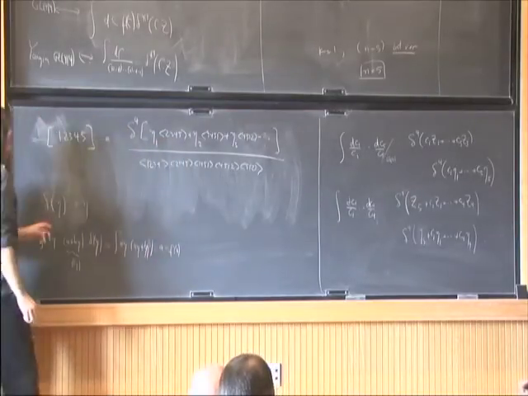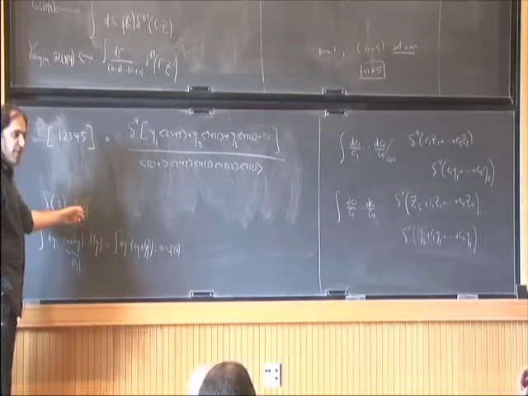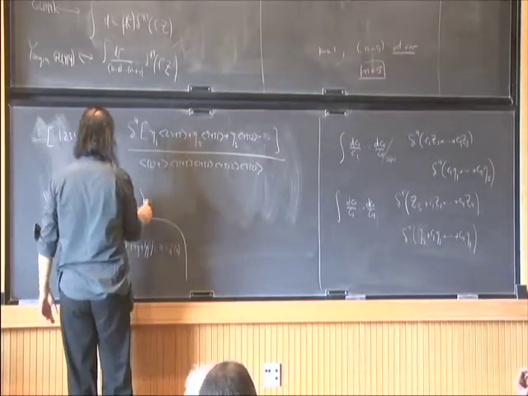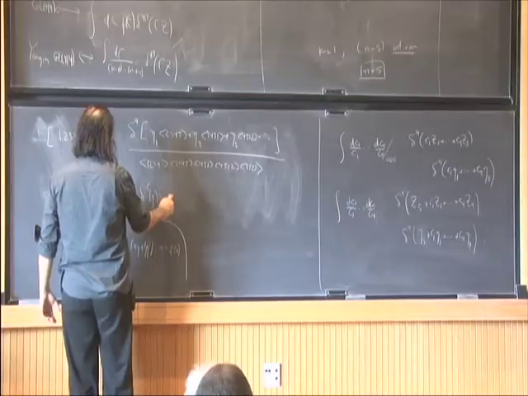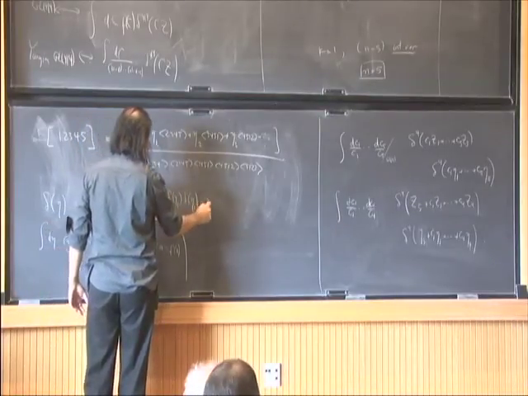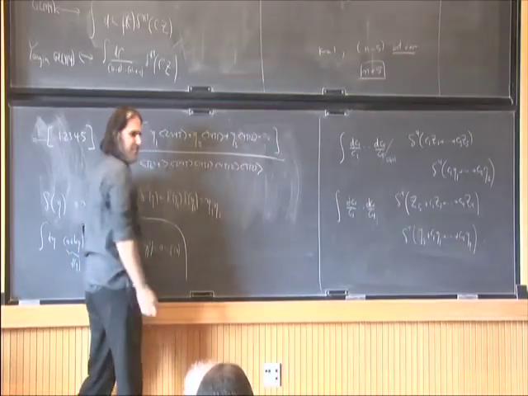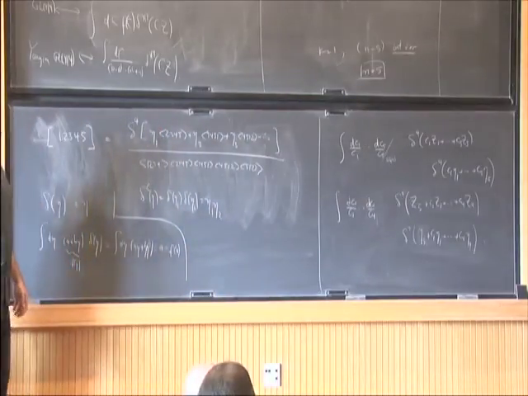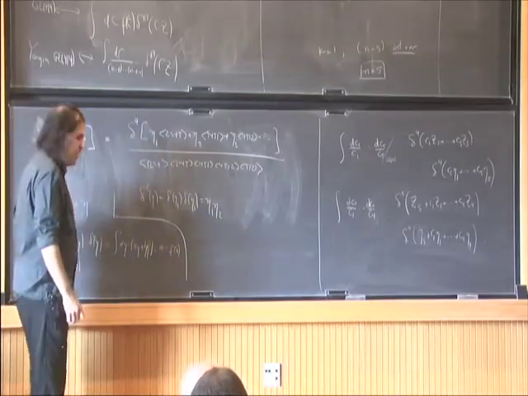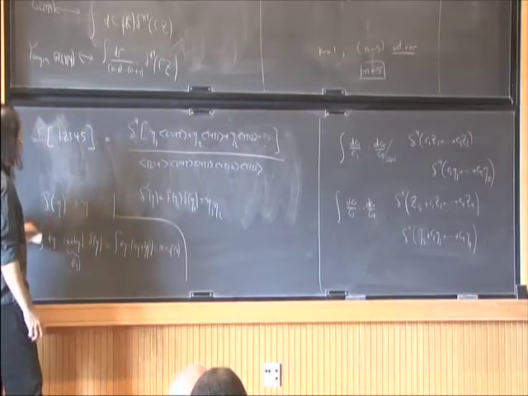So that's all this is. If we have two Grassmann variables, then delta squared of eta is delta of eta 1, delta of eta 2, which is eta 1, eta 2. So that's the general definition.